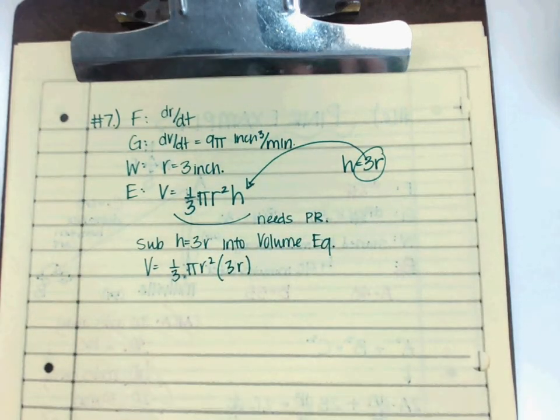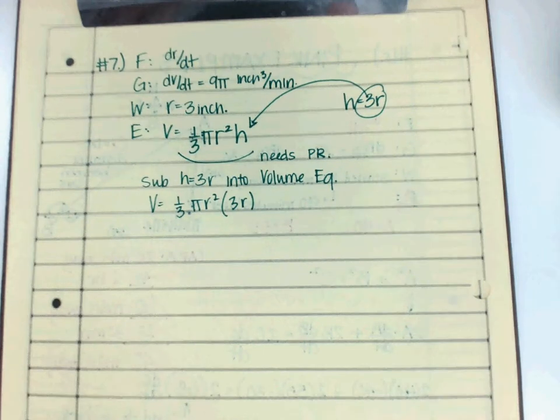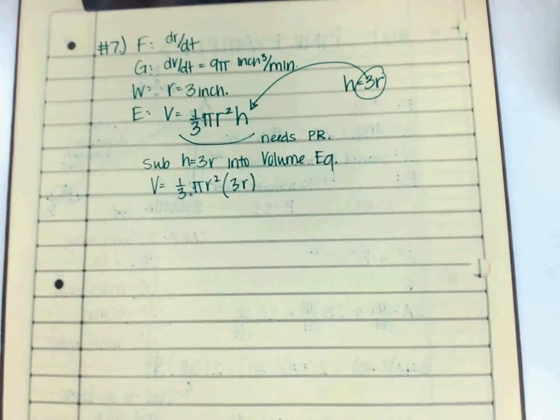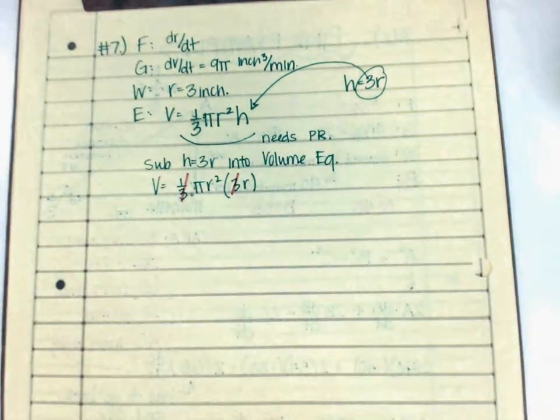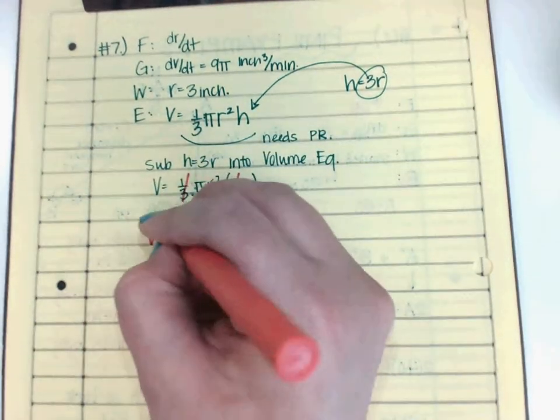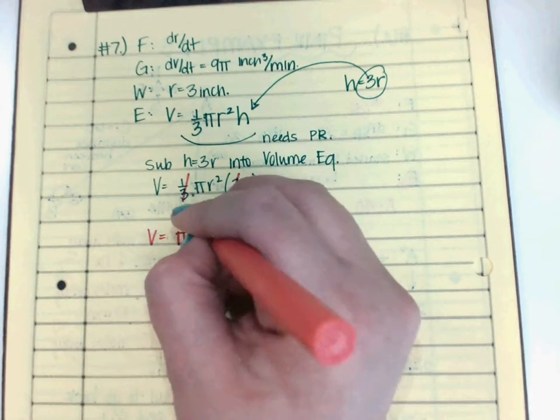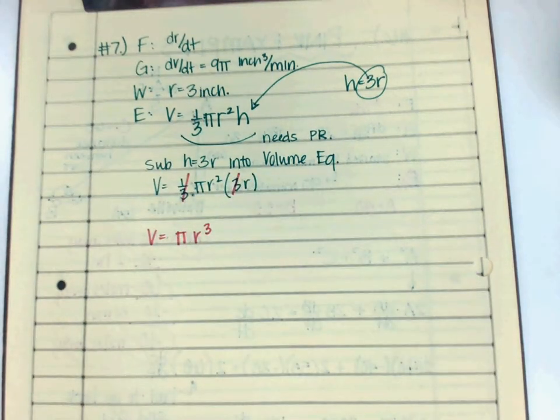Well then, how does that simplify to where I don't need product rule anymore? Okay, r cubed, and what happens with the third and the 3? Gone, gone. So then really, my new and improved volume equation is just V equals pi r cubed. And now, no more product rule, no more fraction, nice and easy.